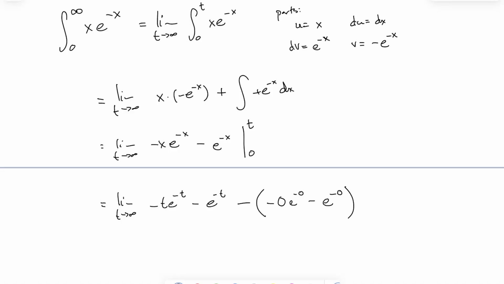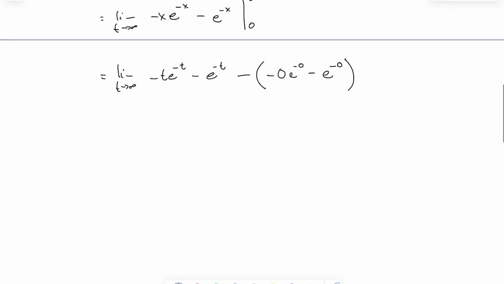So those e to the minus t's, I'm going to write them as e to the t in the denominator. I just have an easier time thinking about the limits that way. So this is t over e to the t, right? And then the next one is just a 1 over e to the t. And then this stuff at the end is whatever it is. Those are just numbers. And I guess it's minus 0 minus 1, right?